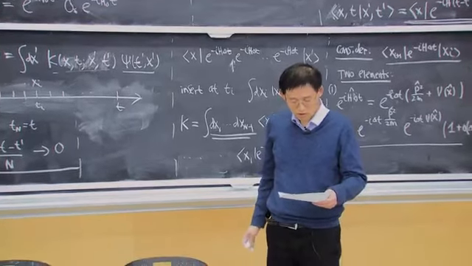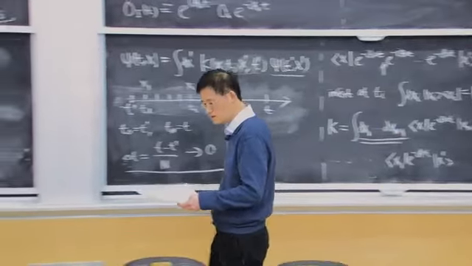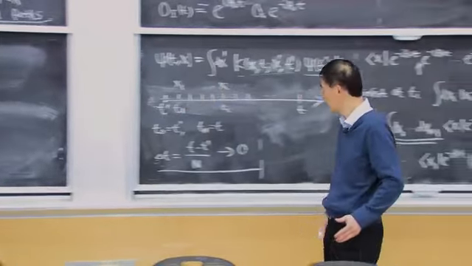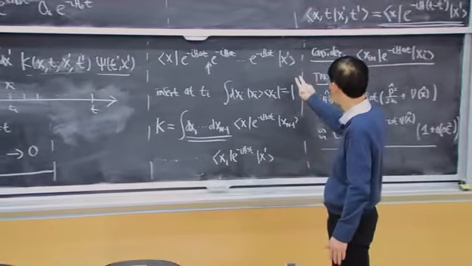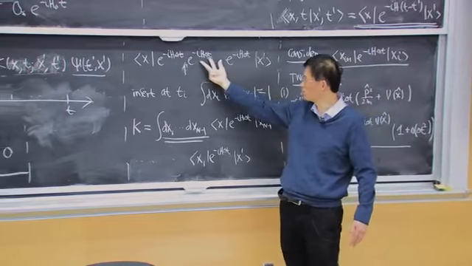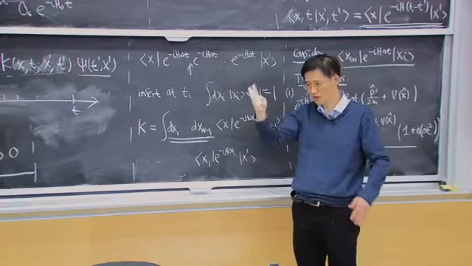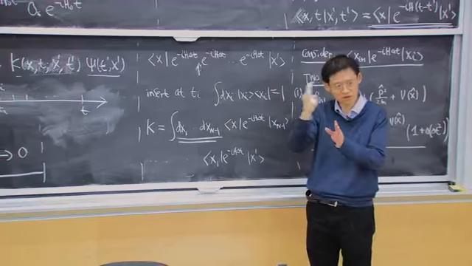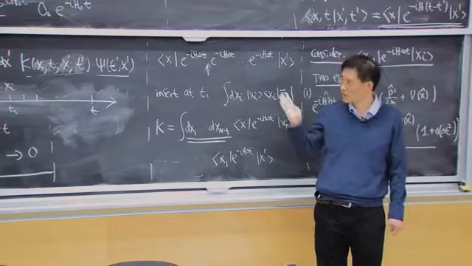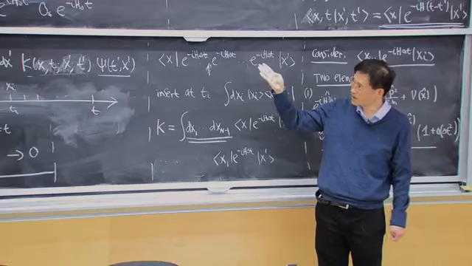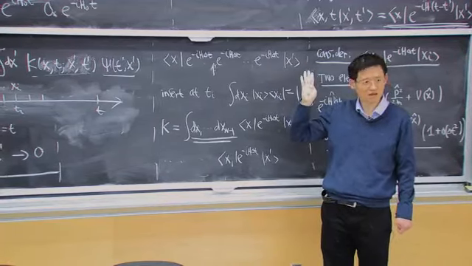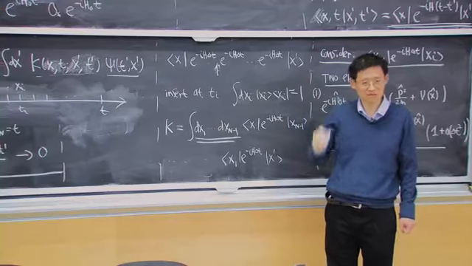So this started as a technical trick, because computing this thing is complicated, and we made mathematical progress by dividing into small intervals. But now we actually obtain something conceptually new.